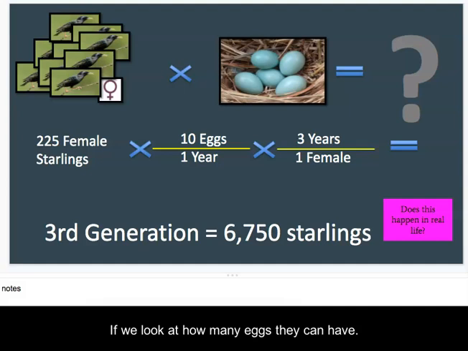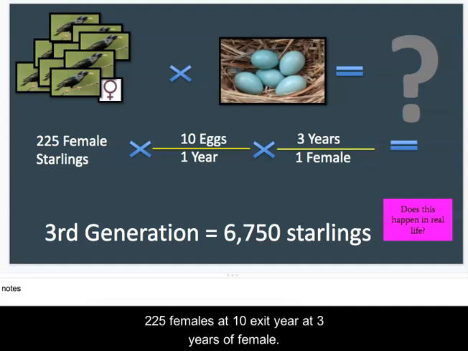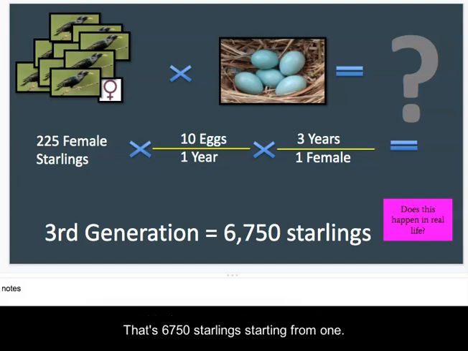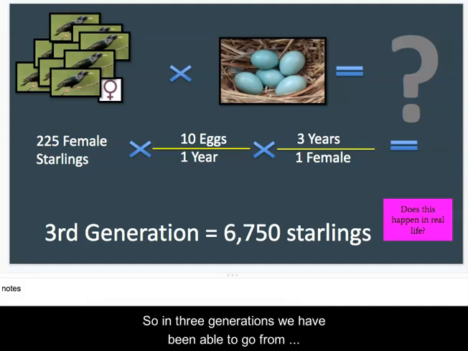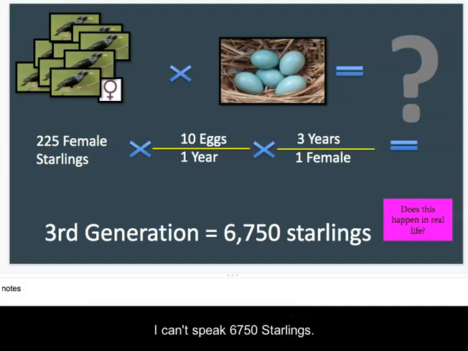If we look at how many eggs they can have, that's 225 females at 10 eggs a year, for 3 years a female. That's 6,750 starlings, starting from 1. So in 3 generations, we have gone from 1 female starling to 6,750 starlings.